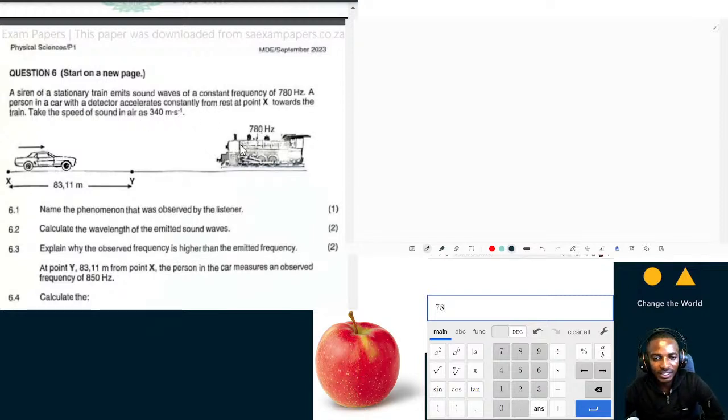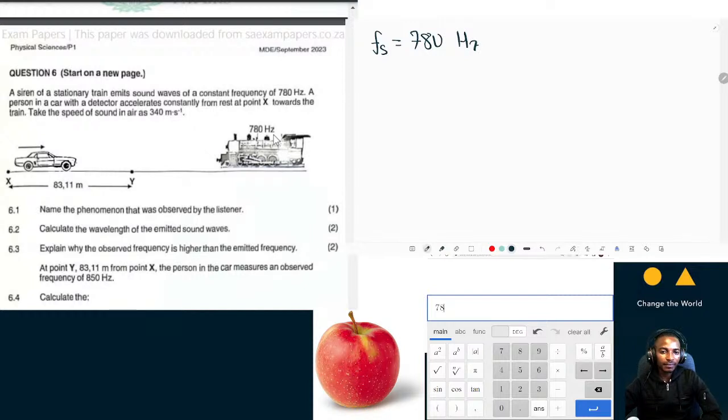So we have a train which is emitting sound waves with a frequency of 780 hertz. So that should be the frequency of the source, which is equal to 780 hertz.